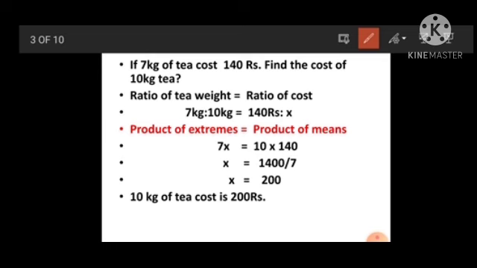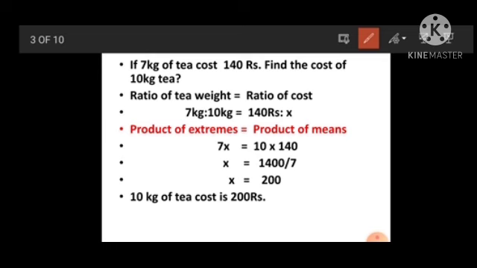Ratio of tea weight equal to ratio of cost. 7 kilogram is to 10 kilogram equal to ratio of cost, 140 rupees is to x, because we want to find out the cost of 10 kilogram tea. So suppose the cost of 10 kilogram tea is x. So 140 rupees is to x.